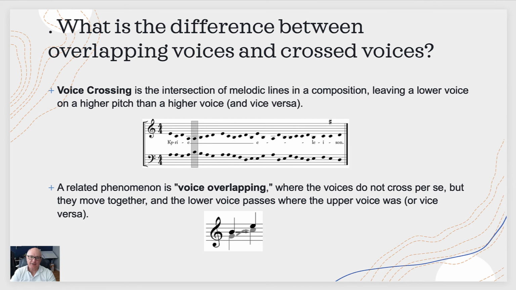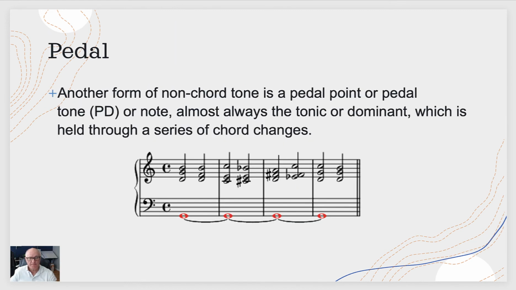It's still a kind of cross voicing, but that distinction probably will be on the AP Theory exam. Voice crossing, just think of two cars crossing on a freeway. Overlapping, this one is just overlapping the top. It's jumping over the top. That's the simplest way I remember those. Pedal point or pedal is merely a note that's held for a long time, while other chords change above it.